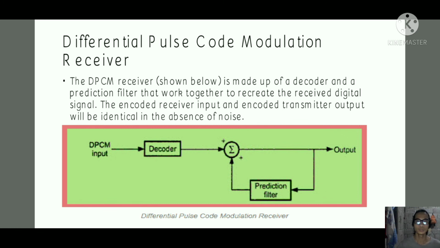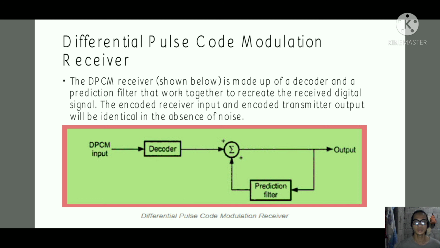Differential pulse code modulation receiver. The DPCM receiver shown below is made up of a decoder and a prediction filter that work together to recreate the received digital signal.